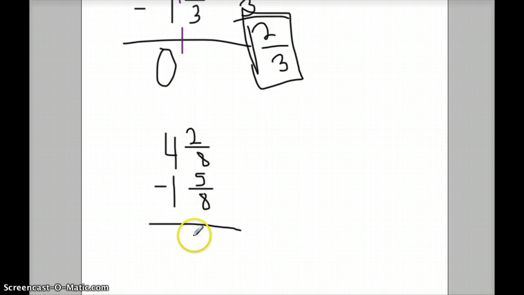I can think of it as one whole problem. So to do that, I have to do 4 times 8 and then plus 2. I already know that 4 times 8 is 32. And then I'm going to add 2, so it's going to get me 34/8. And I'm going to subtract that from 8 times 1, which is 8. Add the 5, gets me 13/8.